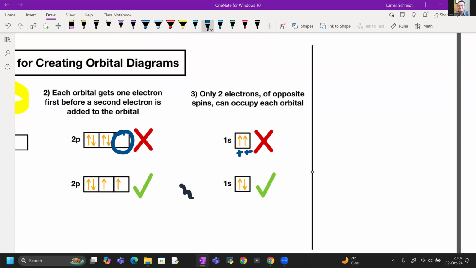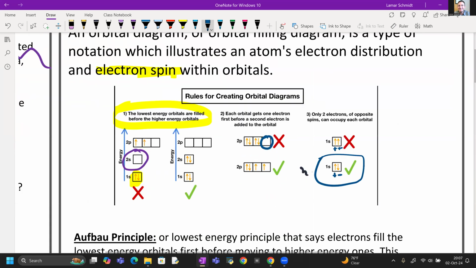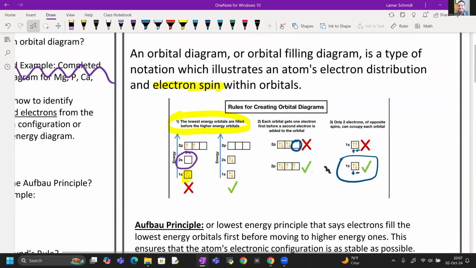Whereas these have 3 of the 4 quantum numbers the same, but on the 4th one, a positive and a negative. So it only has 3 the same, not 4. And you can have electrons with 3 of the 4 quantum numbers the same, but not all 4. So this is a great example for following the Pauli exclusion principle.